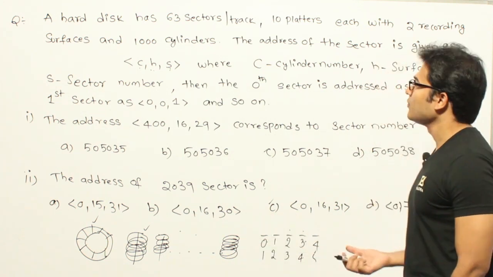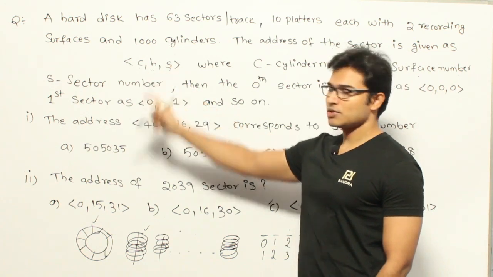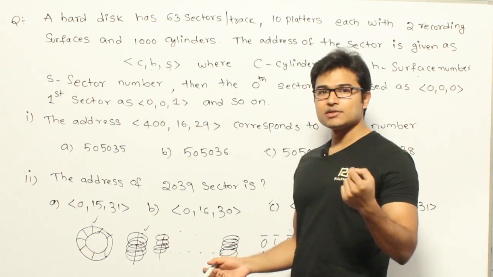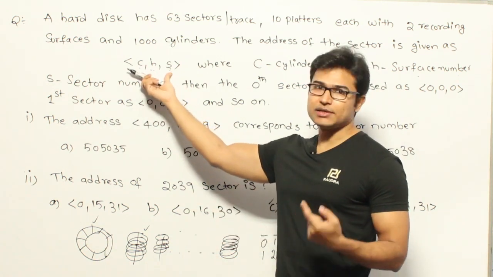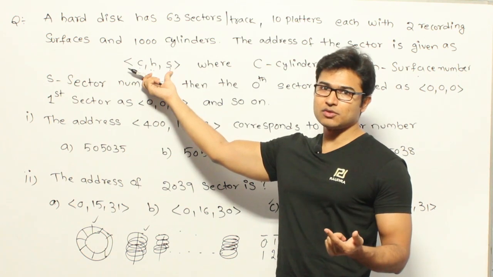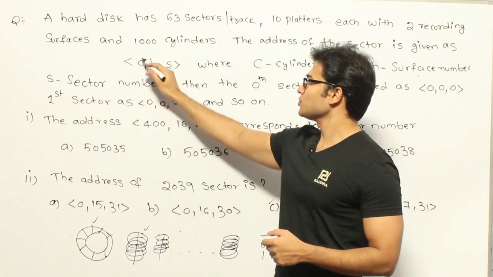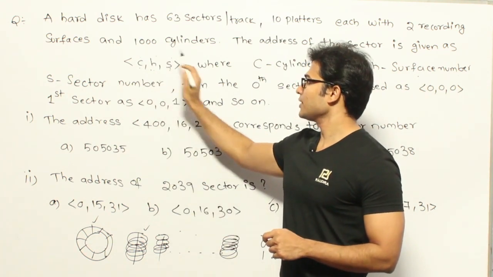Therefore, when you are saying CHS and all of them are starting from 0, you can understand this as follows: in order to reach this particular sector, the sector address is given as CHS and all of them start from 0. In order to reach this sector, you are supposed to cross C cylinders, then H surfaces, and then S sectors.